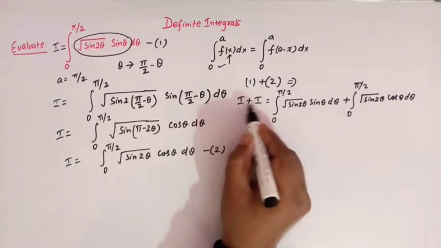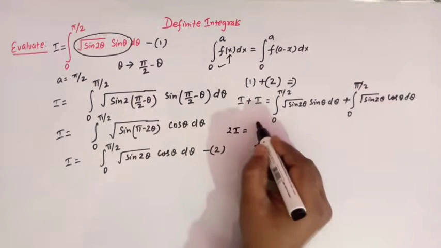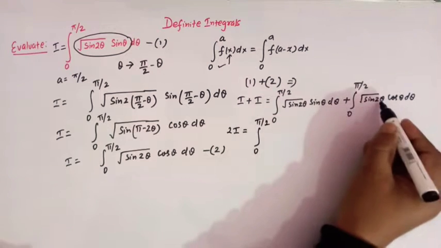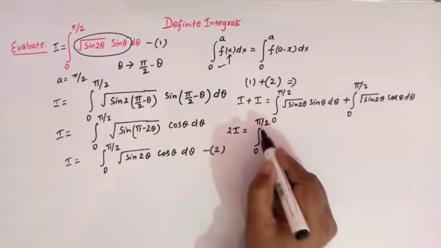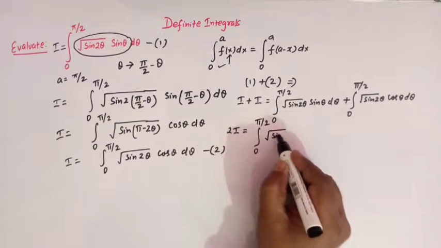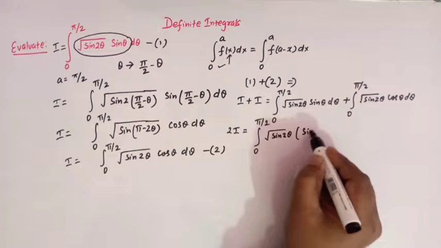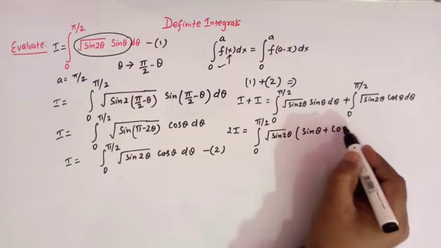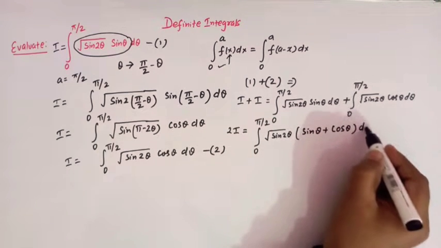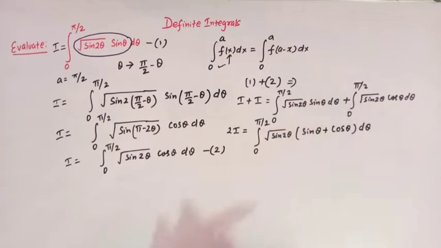Now I plus I becomes 2I, and we can write these two terms as the integral from 0 to pi by 2, and if we take square root of sine 2 theta common, then we have sine theta plus cos theta. So now we have to evaluate this integral.